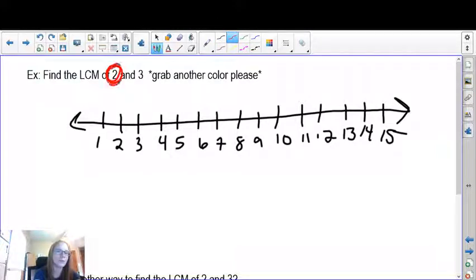For 2, so every time I see a 2, I'm going to put a red X. And by a 2, I mean a factor of 2, multiple of 2.